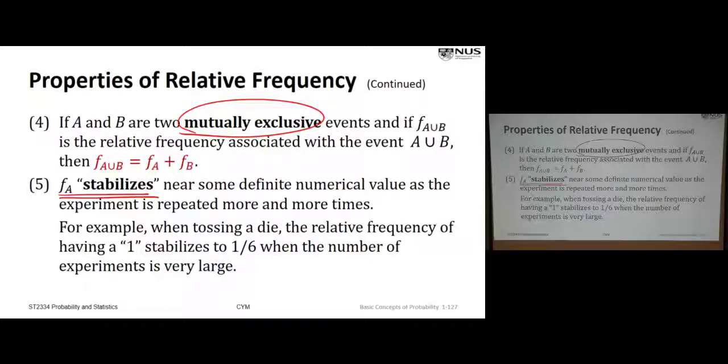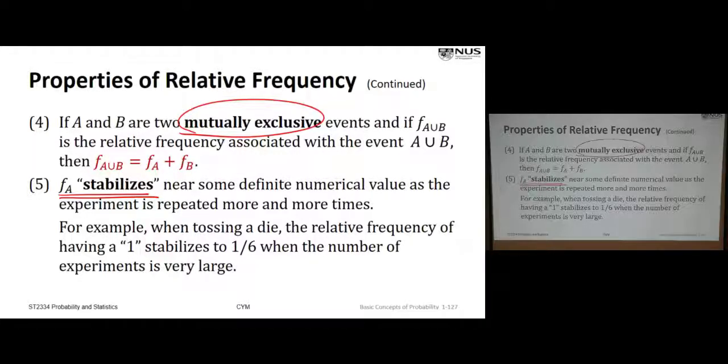So you may have 18 times or 20 times of 1s out of 100 times. But if you perform more and more times, like 1 million times, then the relative frequency should be very close to 1/6. I will not say that it's exactly equal to 1/6, but it is close to 1/6. So that's what we mean by stabilized.